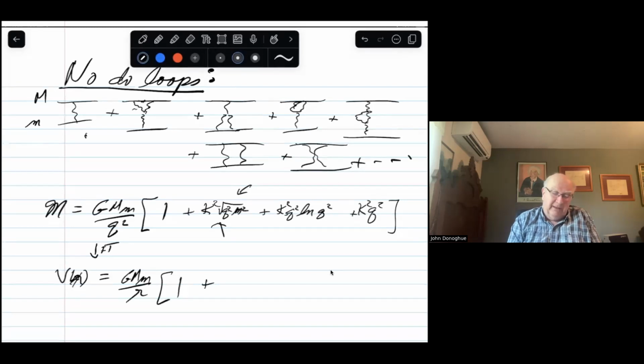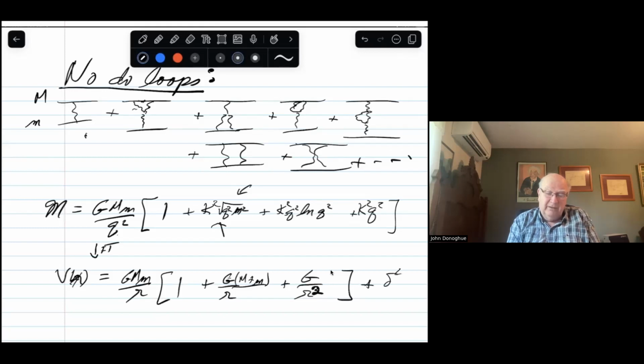This transforms like G over R, with an extra power of R, and it's G times M plus m, symmetric in the two masses. The next one transforms like G, so G q squared log q squared. The Fourier transform of log q squared goes like overall 1 over R cubed, so an extra 1 over R squared here. And then the last piece, q squared over q squared, is a constant, which is a delta function.